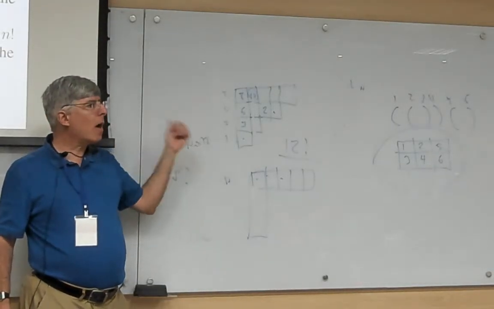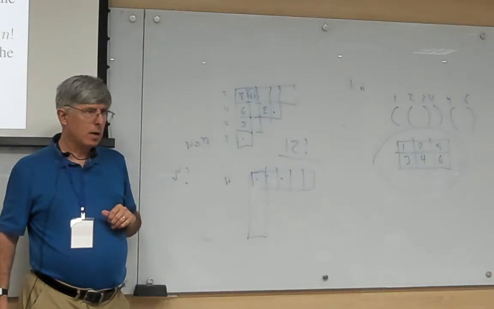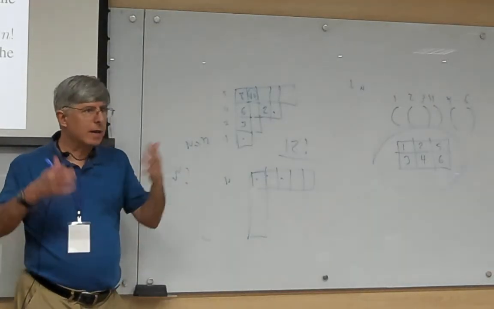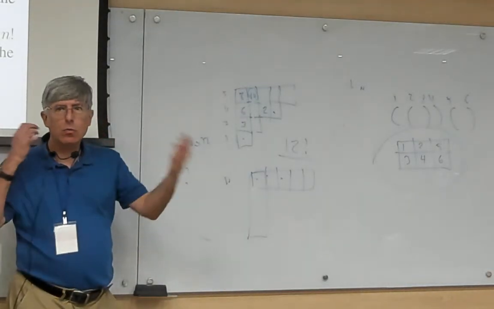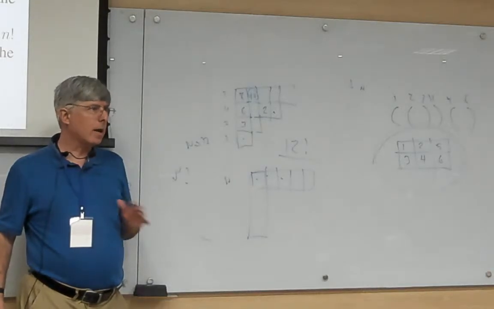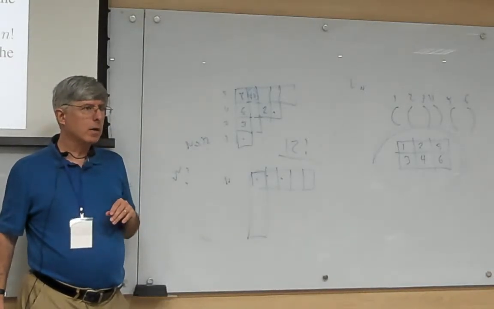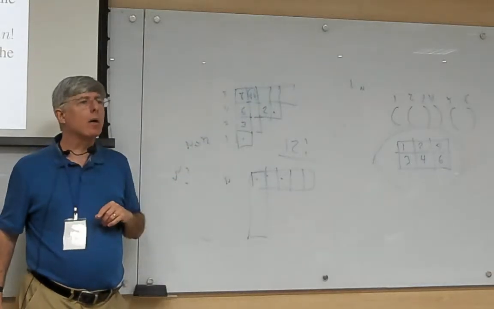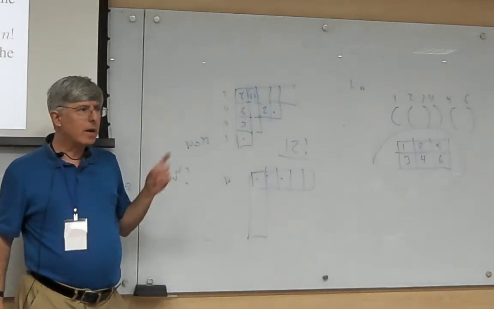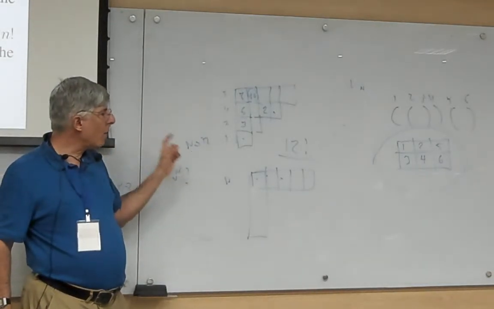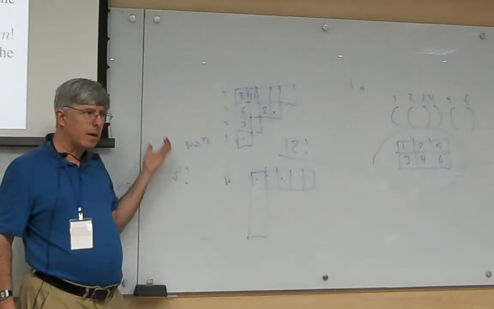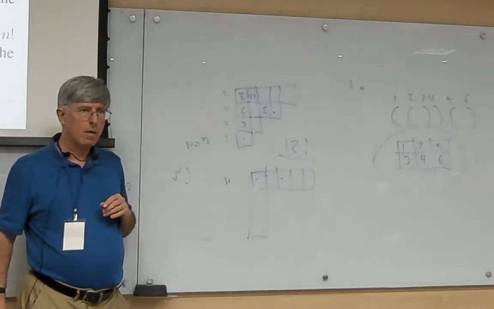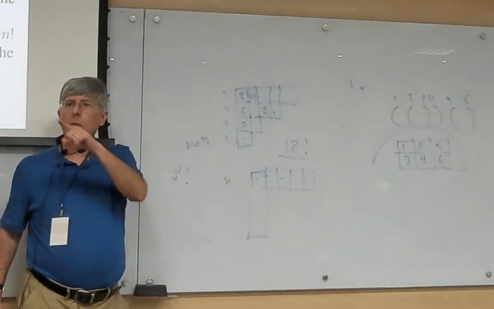Now, if I know how to count these things, is that enough to know how to rank them and unrank them and do everything else? The answer is yes. So if you now know how to count how many young tableaux there are, therefore you know how to rank them and unrank them and anything else. Any questions about that?